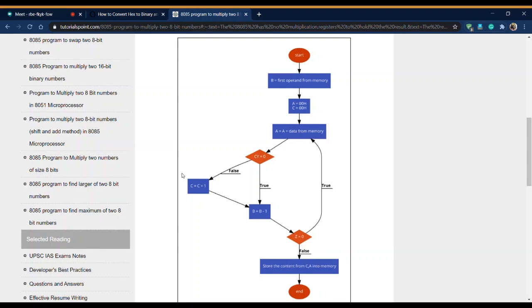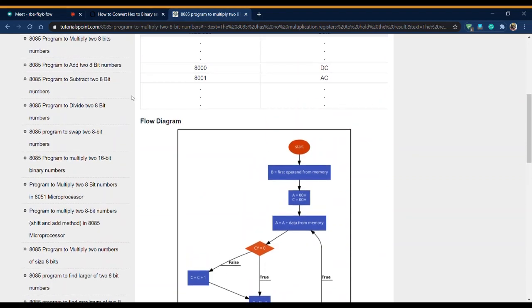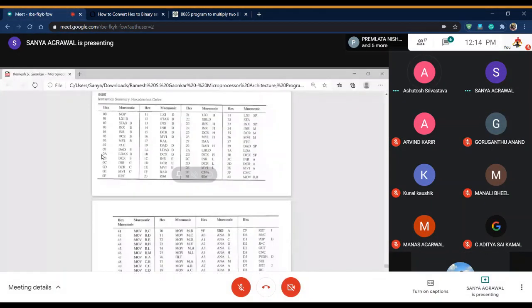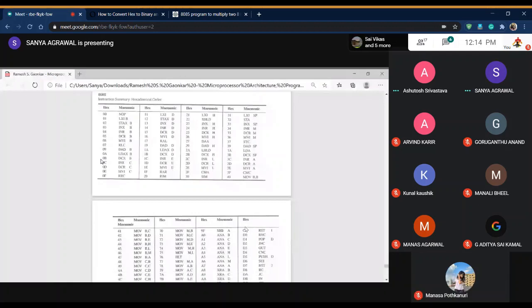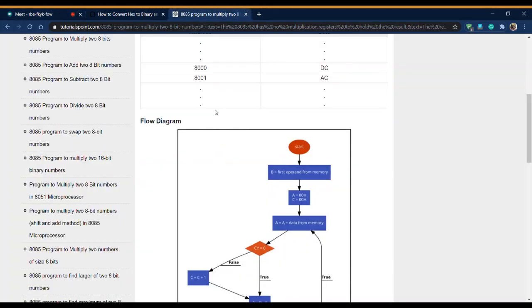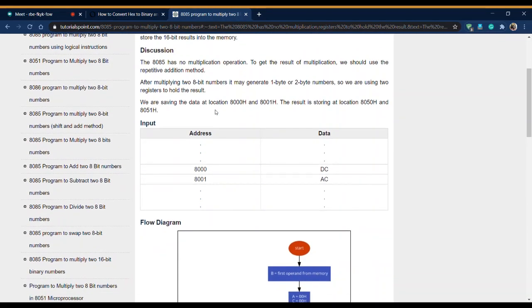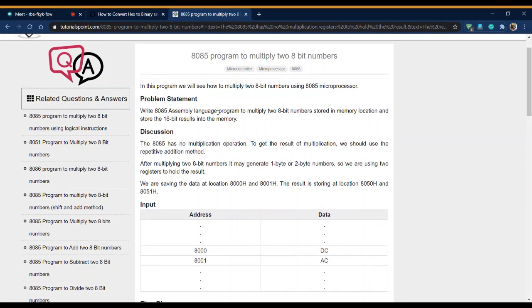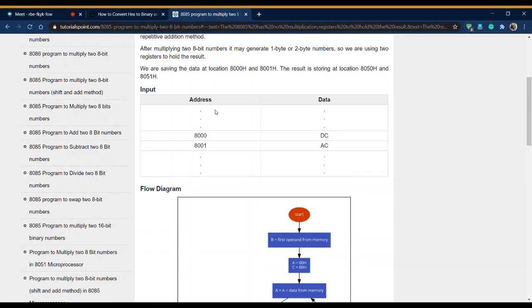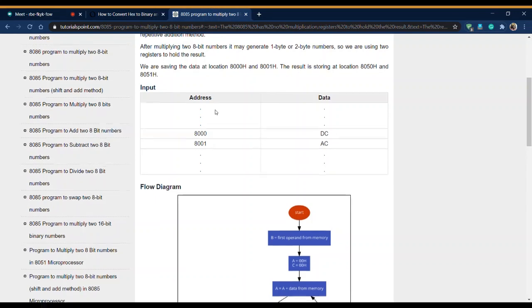Sir, is it visible now? No, nothing is visible. What you can do is send it to my email, and I can display it on the screen. Okay, sir, can you share your email ID with us?